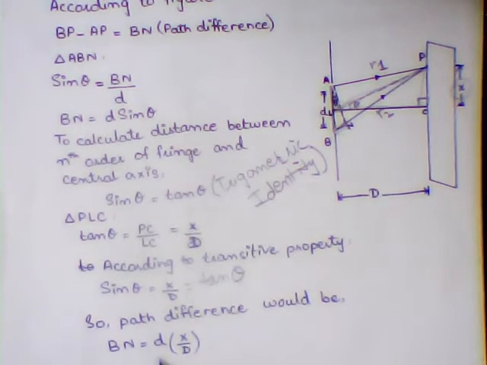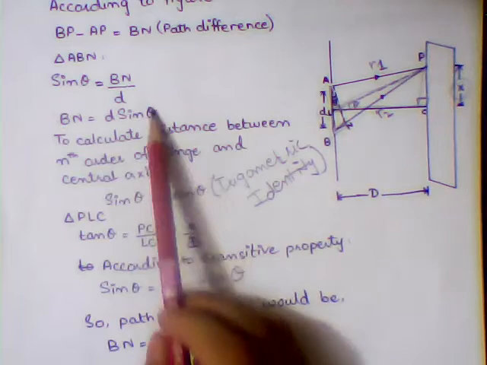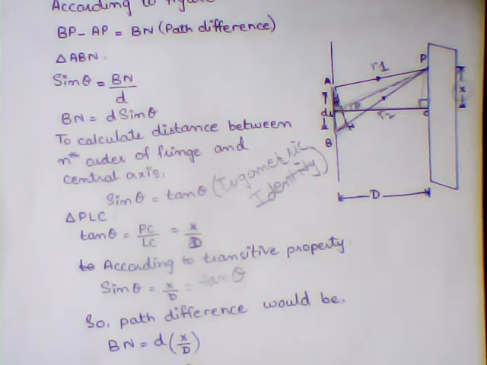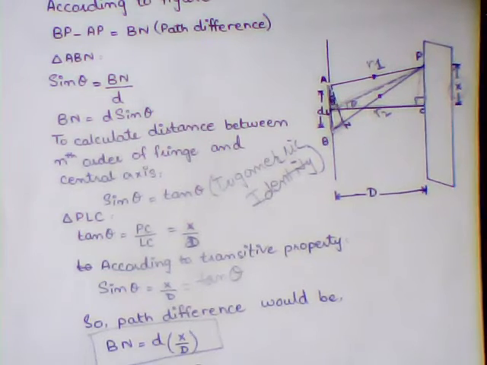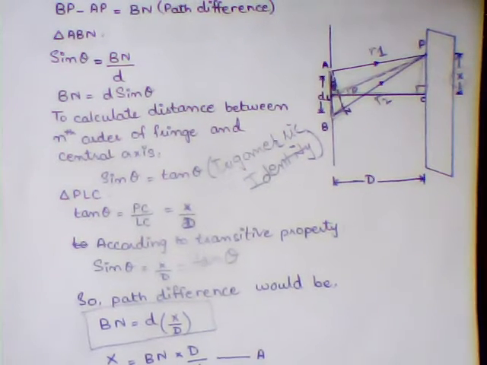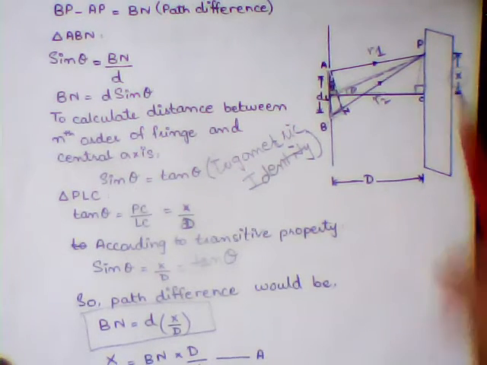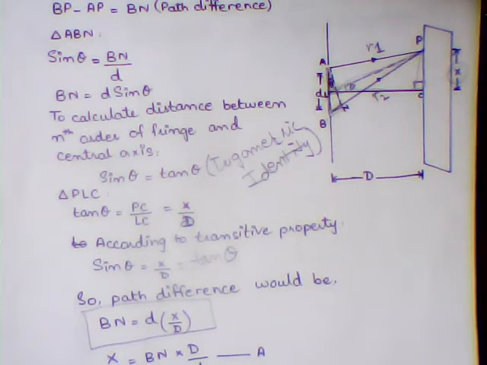So our path difference equation becomes Bn equals small d into x over capital D. We have derived the equation for path difference. Now since we need to calculate the position of dark and bright fringes, we need to separate this x, because x is a distance.